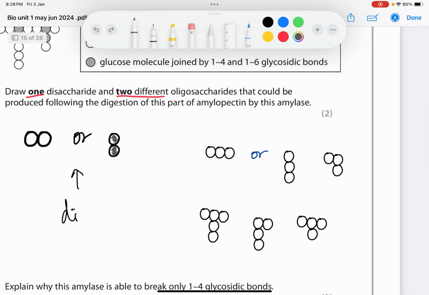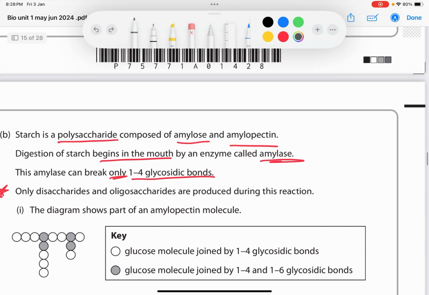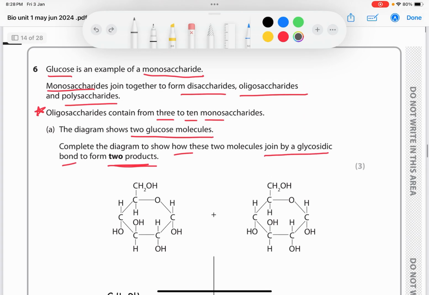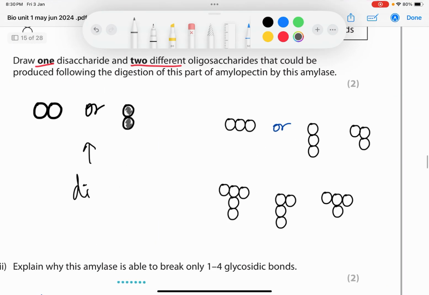Now, the same thing over here. This is why it's so important to underline information that's given to us in questions, because right over here, it's given to us about oligosaccharides and their composition. It says that they contain 3 to 10 monosaccharides. Therefore, when it comes to drawing, you have an idea of what you can draw for the exam.